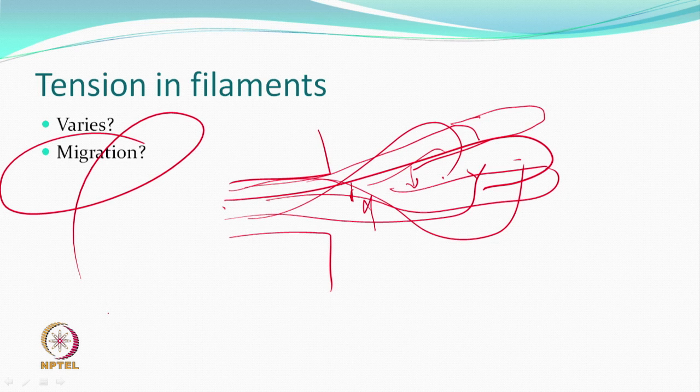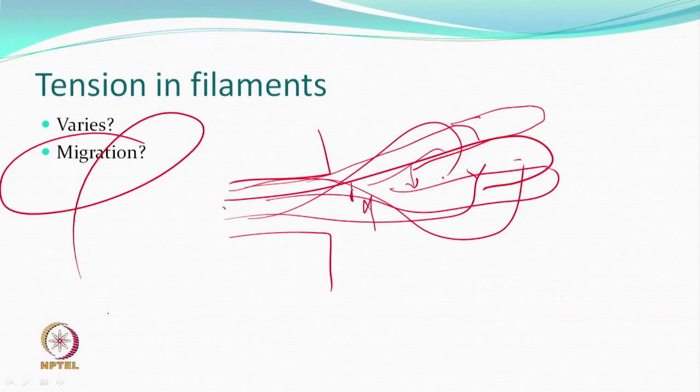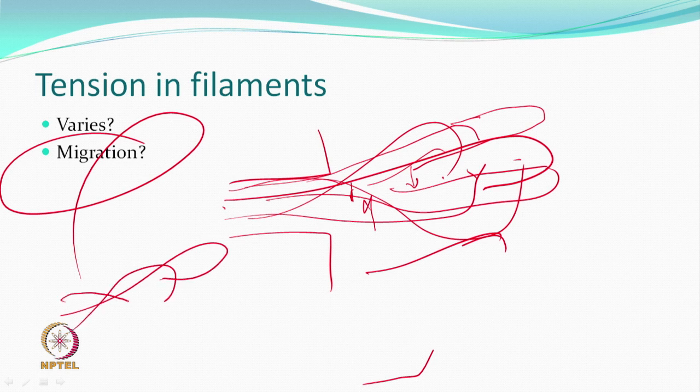and because they are moving and migrating, therefore, you will have entanglement. Some will go to the surface, some will be in the core, the one after some time in the core will move out, the one which is in the surface will move in, and so loops also will thus be formed, where one filament is like this, the other one went like that, this one goes down, and so you will get loops of various types being formed.